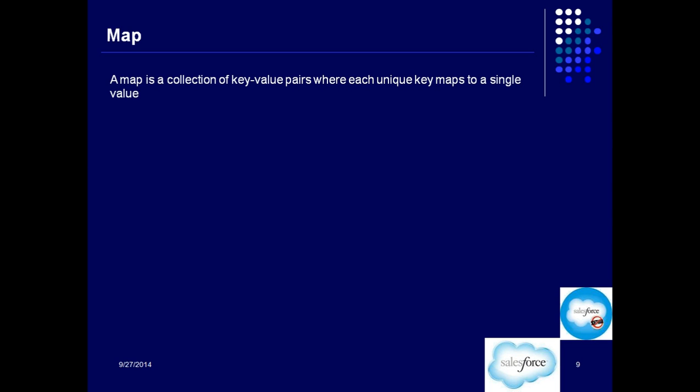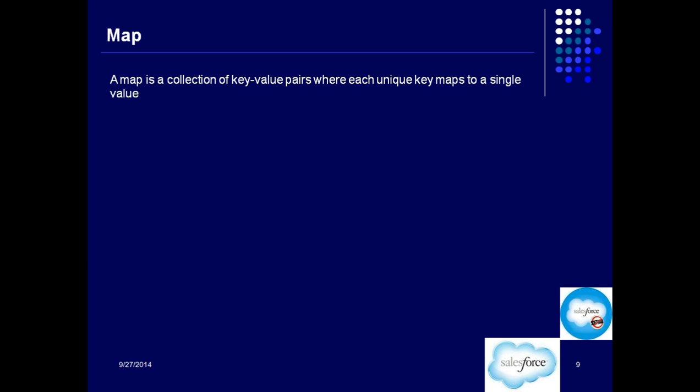Countries will be the keys. So in a map I will have two collections. One will be the keys and the other will be the values. In this example, country is the key, currency is the value, right? So there will be a value corresponding to each key.